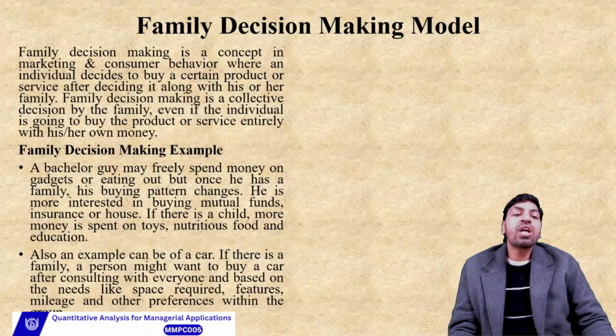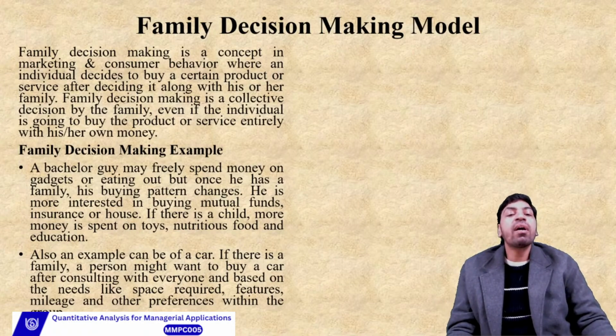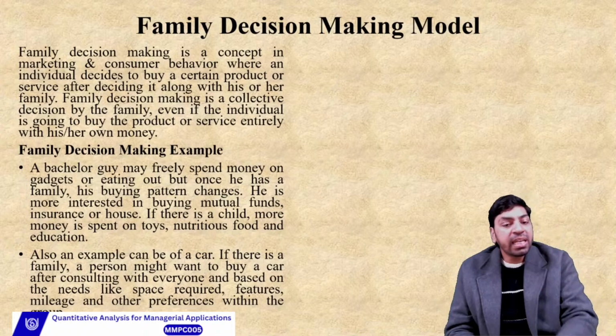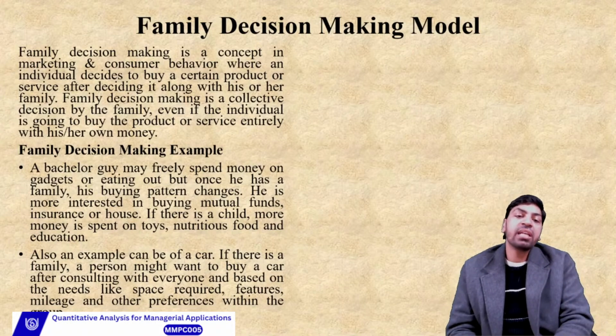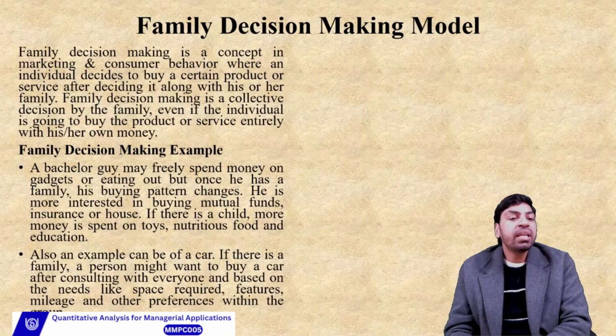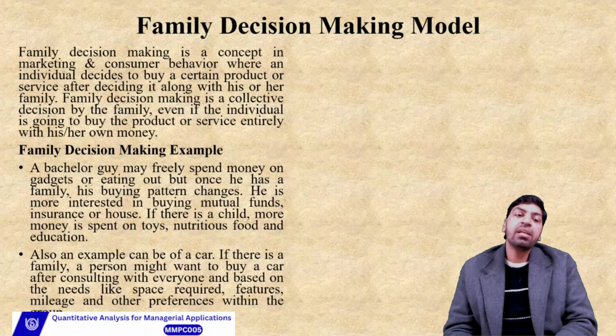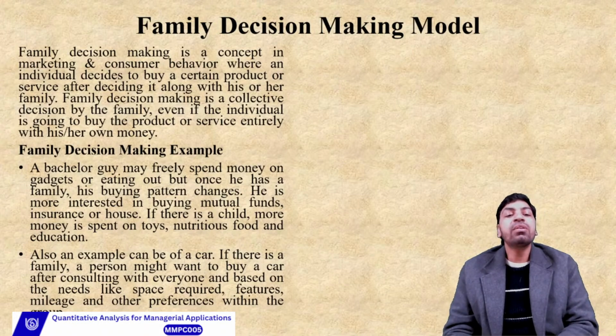If there is a child, more money is spent on toys, nutritious food, and education. So your buying decision changes based on the family. The family comes first, and accordingly the individual would spend on the family's needs as well. Another example could be a car.